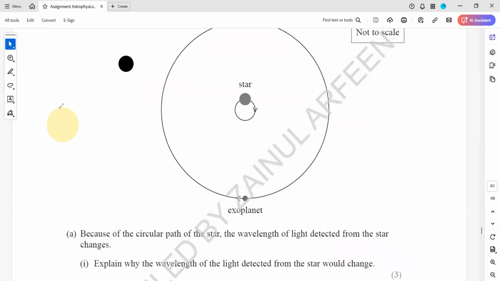As a result, the particles in the star might start to move towards the planet slightly. It's not too big, but yes, some of the particles move. This is caused by the massive planet. If it's a minor planet, this change might be very small, or we may not be able to detect it. So the movement of the star, because of the stronger gravitational force of a planet, we call that an exoplanet.